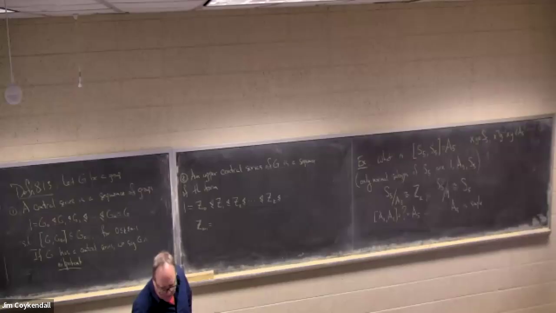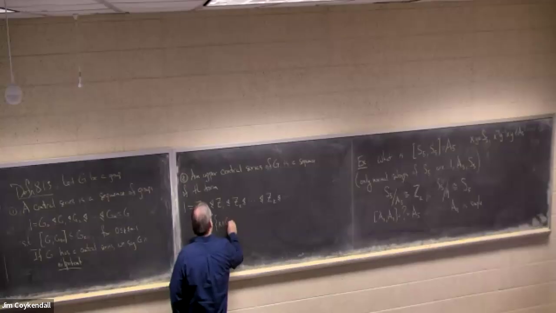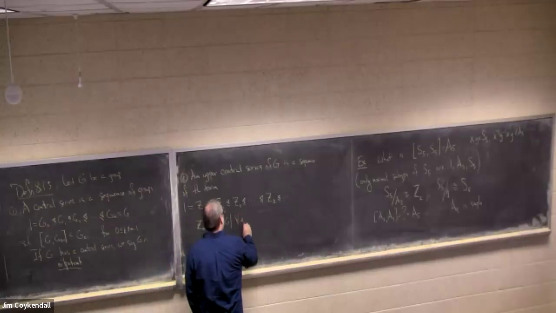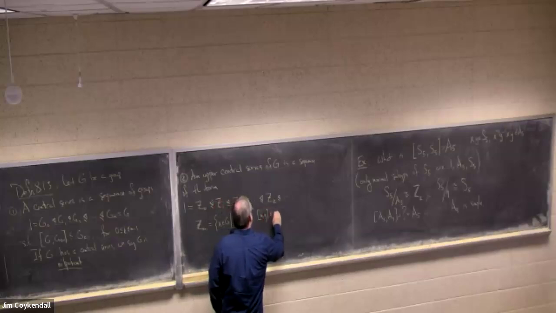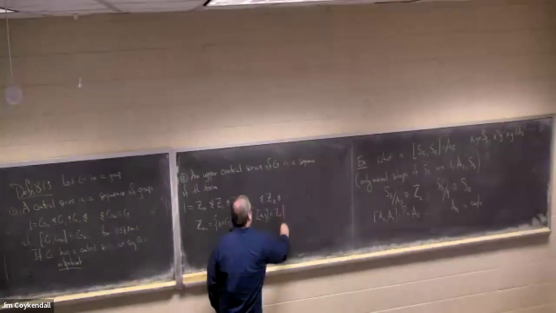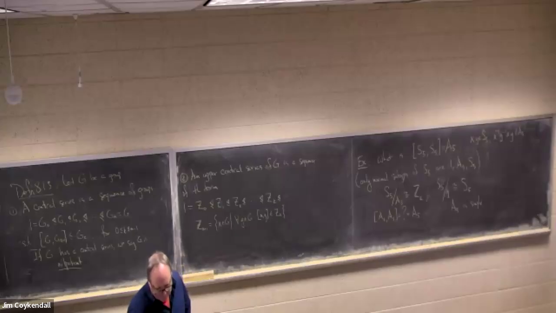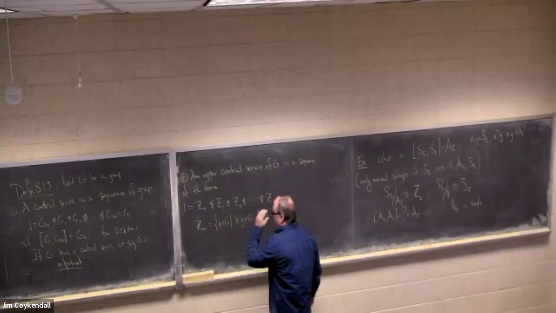Z_k plus one is the set of x in G with the property that for all g in G, the commutator xg is in Z_k. This is an upper central series that's built this way, to sort of build up.